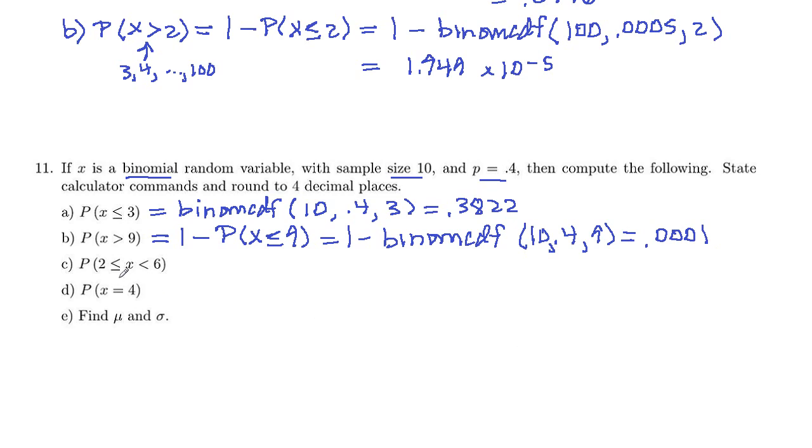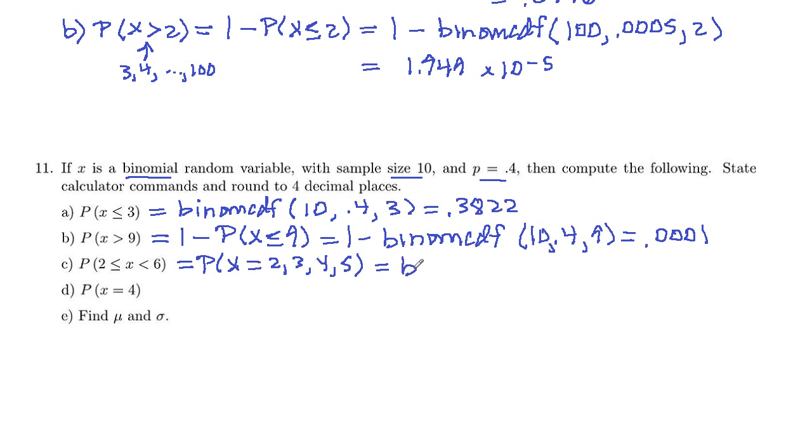And then probability between 2 and 6, not including 6, but including 2. So this would be the probability that X is equal to 2, 3, 4, or 5, but not 6. So what we could do is less than or equal to 5, and then subtract out 0 and 1.